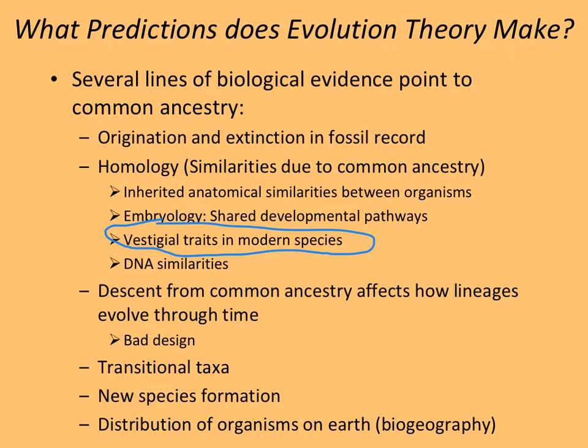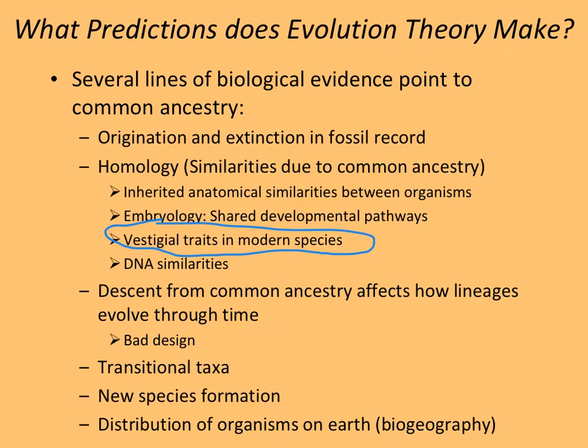We'll go through embryology as well in terms of shared developmental pathways. And then descent from common ancestry affects how lineages evolve through time. For example, bad design. There are a lot of things about most living organisms that an engineer would not design that way.